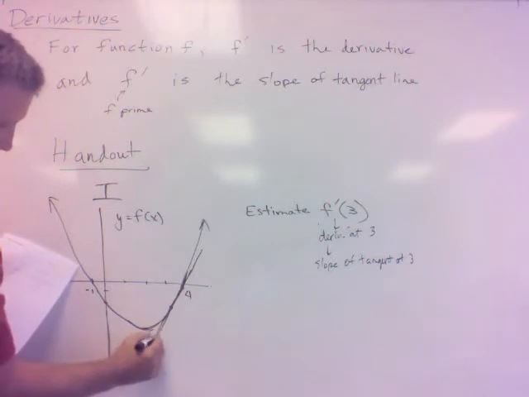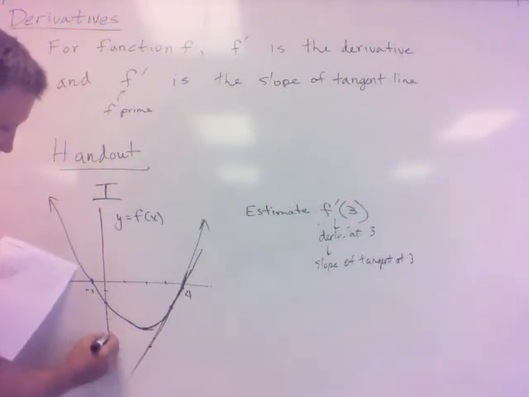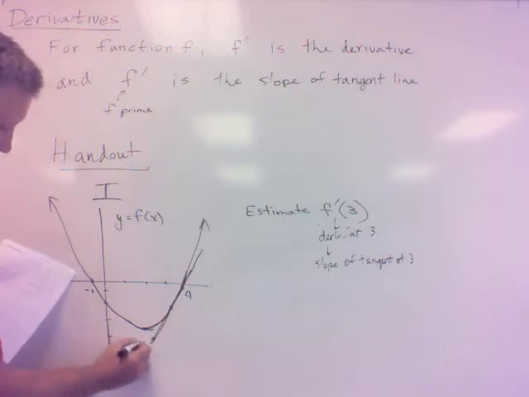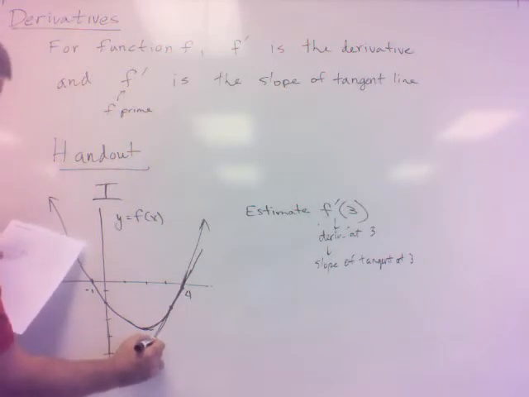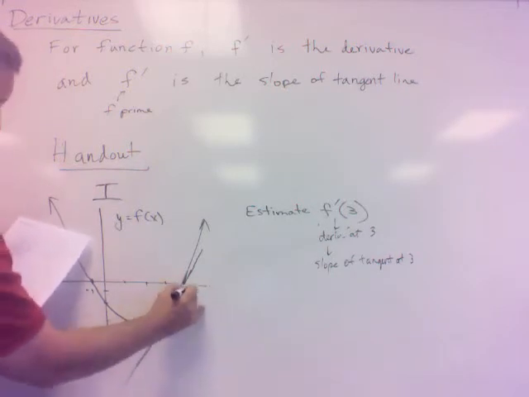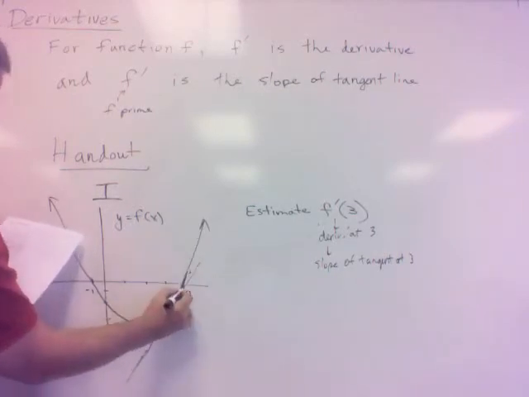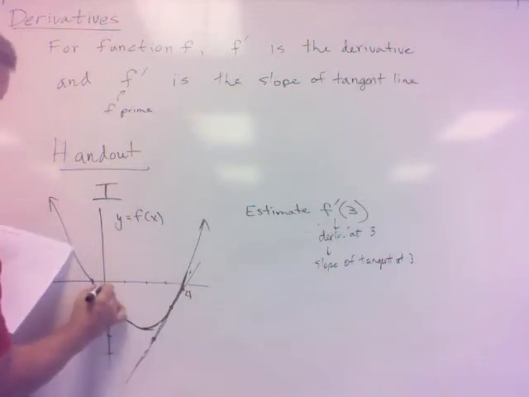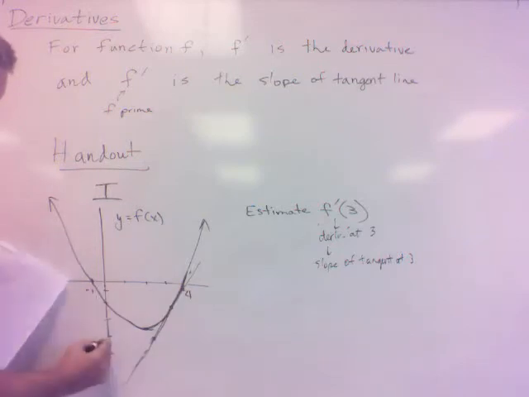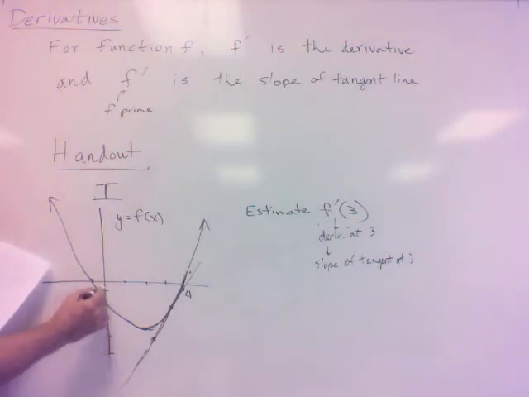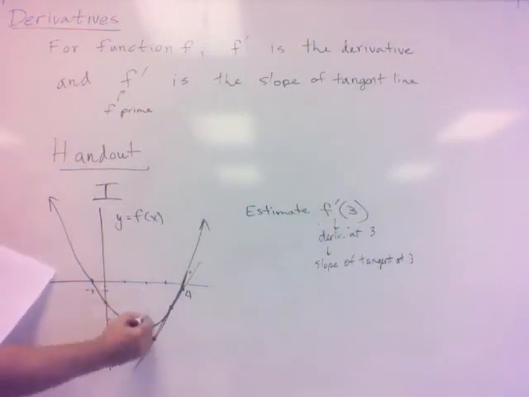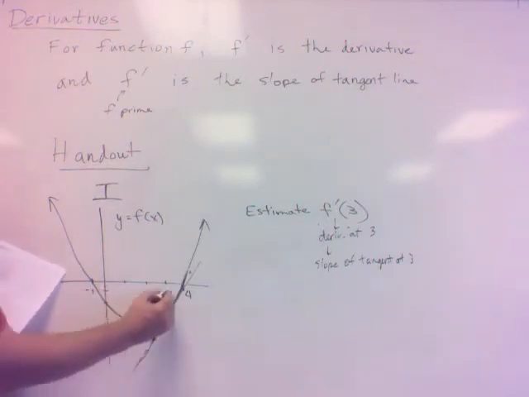And then I've got another point here at 4, which is about negative 0.5. So I'm rising from negative 3.5 to negative 0.5, so that's a rise of 3, and then a run of 2.